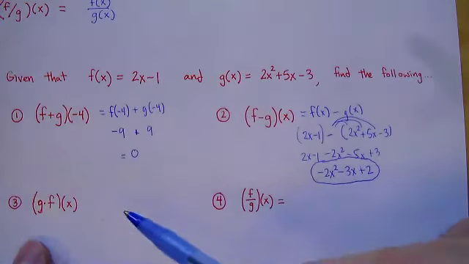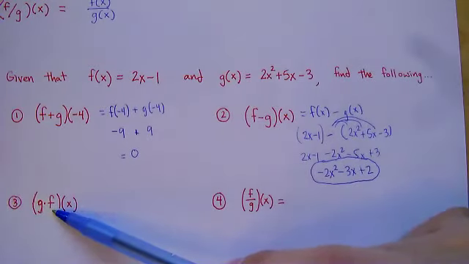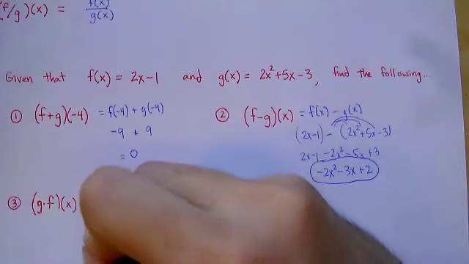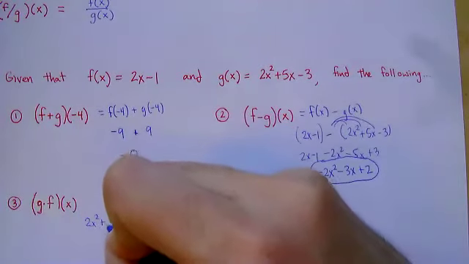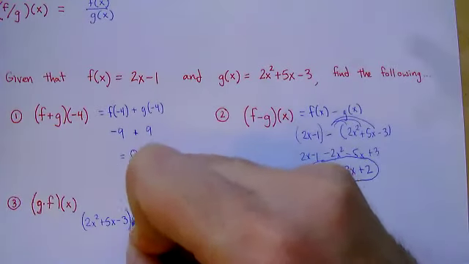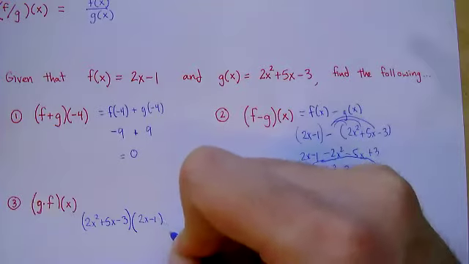The order we put the functions in does matter. So if we do g times f of x, we're actually going to put the g equation first and then the f. And it still has an x here, so we're going to leave the actual variables in our problem. So we're going to do 2x squared plus 5x minus 3, that's g of x, times the other guy, which is the f of x, which is 2x minus 1.